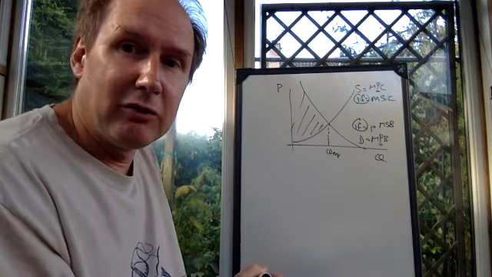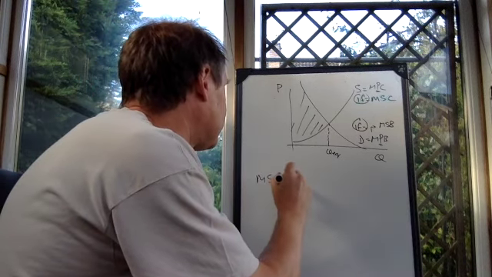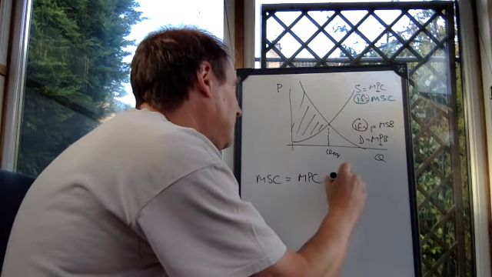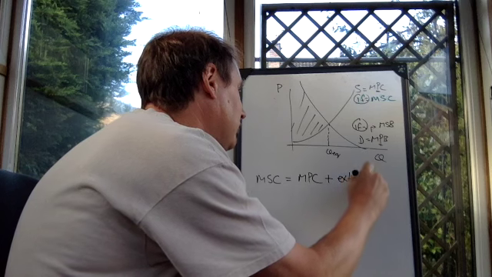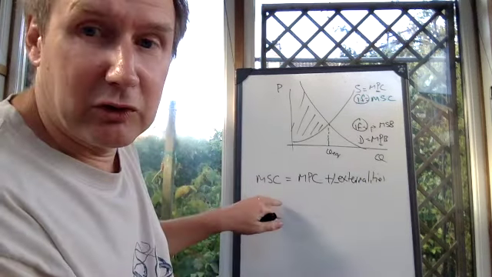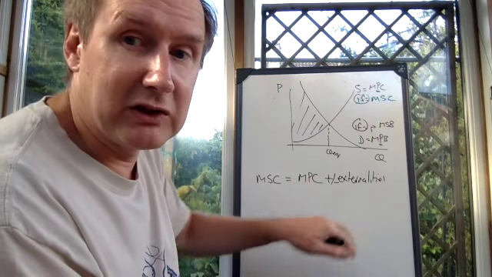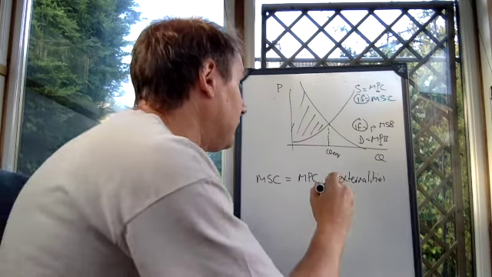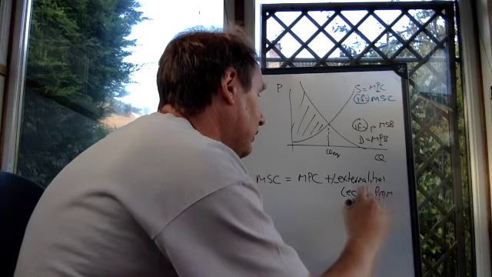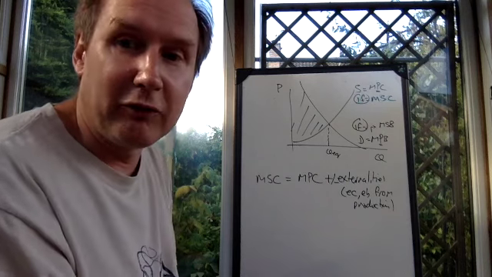But in reality, that's not necessarily the case, because the marginal social cost is equal to the marginal private cost plus any externalities or minus any externalities. So the marginal social cost, the true cost, is the cost the firm pays plus or minus any external costs or benefits from production. So external costs and external benefits from production have to be added or subtracted from the marginal private cost to get the full true cost.